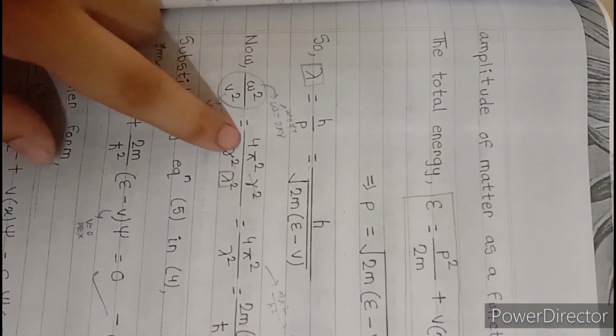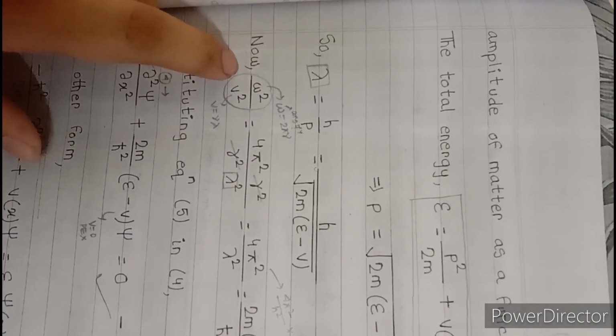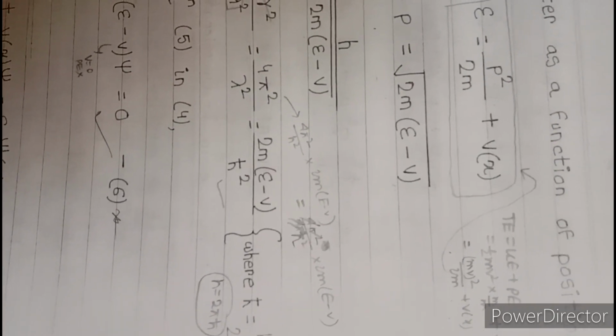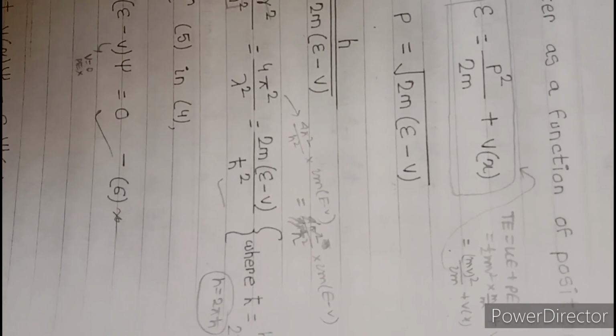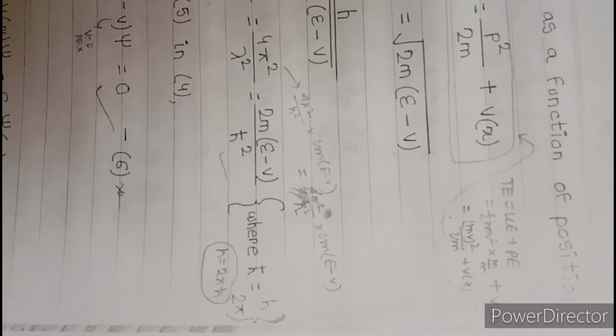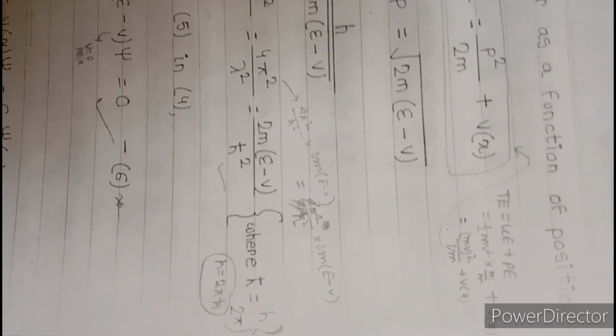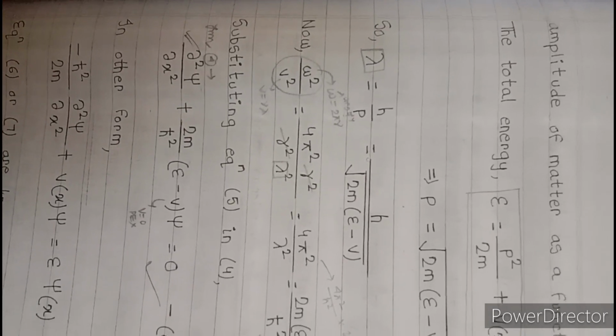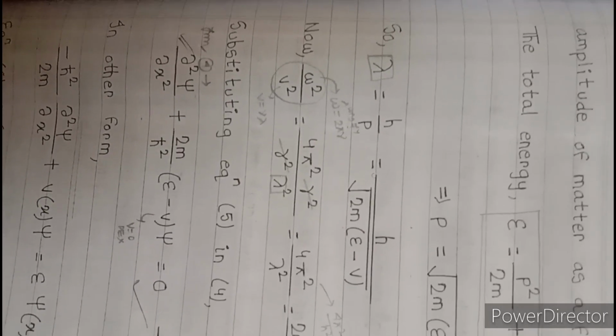Then we will get the value ω²/v², which is 2m(E − V)/ħ², where ħ is equal to h/2π. Then substitute equation 5 in 4.